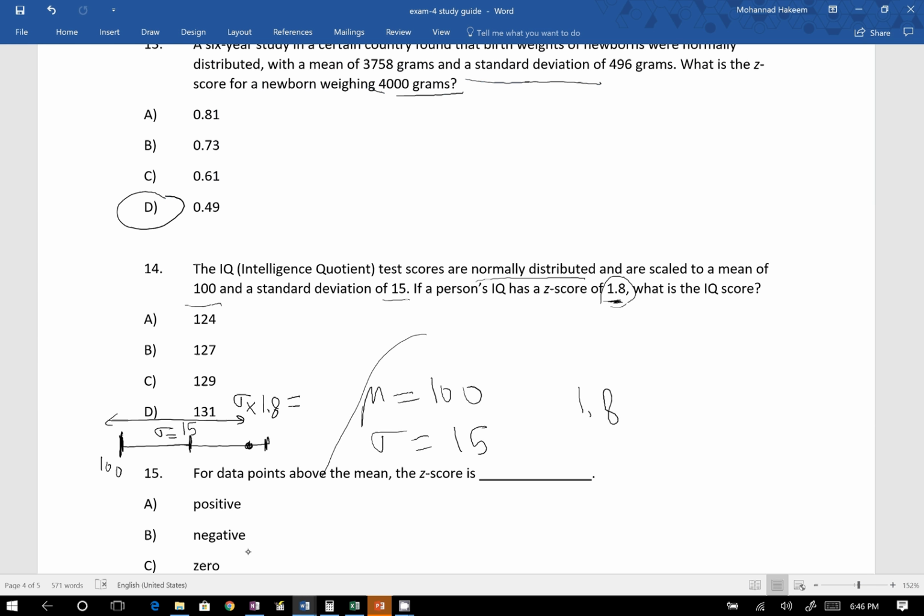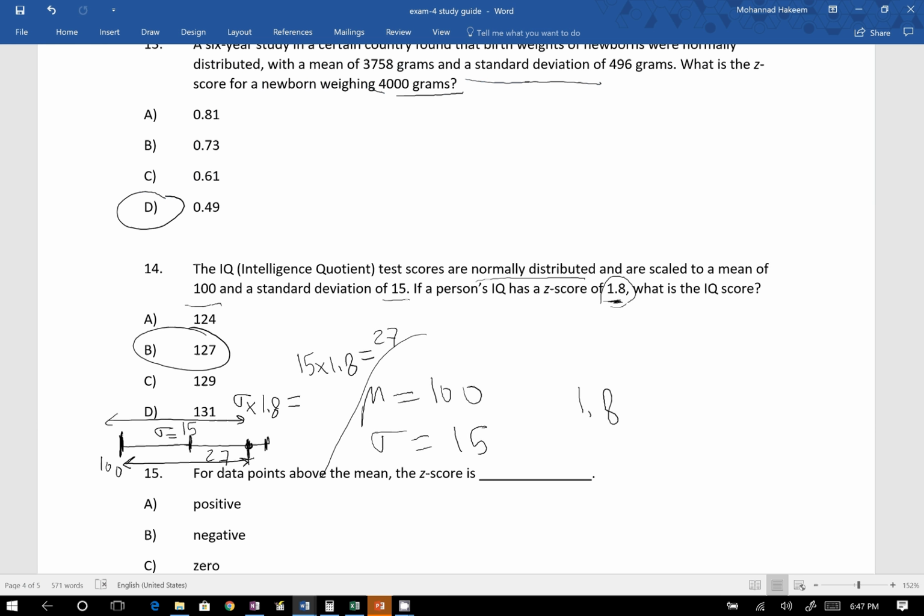So this is equal to 15 multiplied by 1.8, and that's equal to 27. So the distance between the guy and the mean is 27. So the answer is 127.